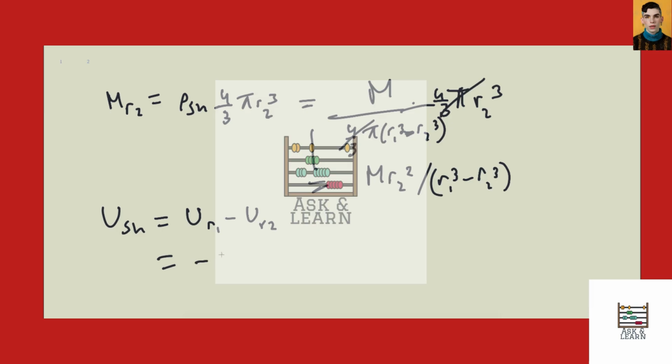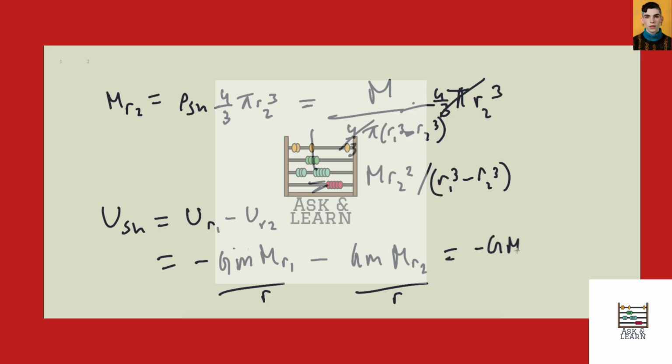From the formula, this would be negative G times small m times big M over R. So negative G small m times M_R1 over R, minus negative G small m times M_R2 over R. You can see that negative G m over this distance R can be taken as common.